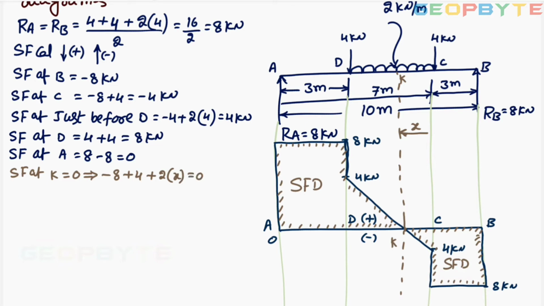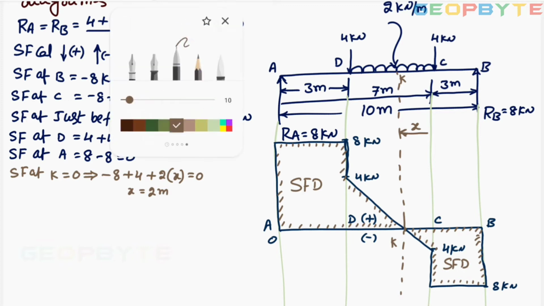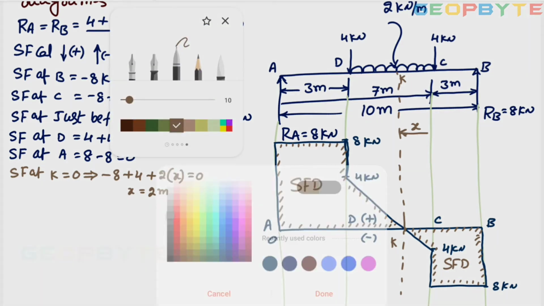From this, 2x equal to 4, so x equal to 2 meters. That means the maximum bending moment is occurring at a distance of 2 meters from the C. At that point K, you need to find the maximum bending moment.